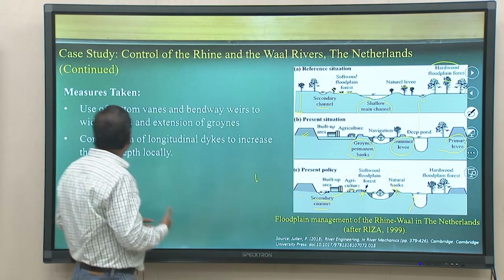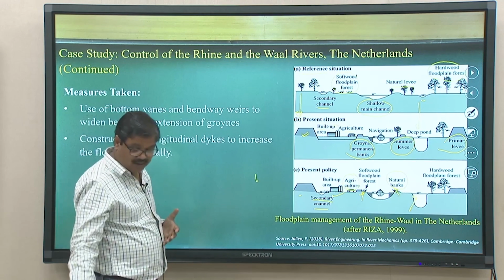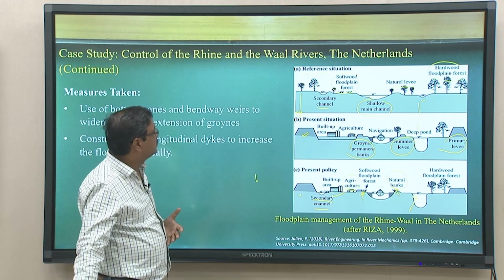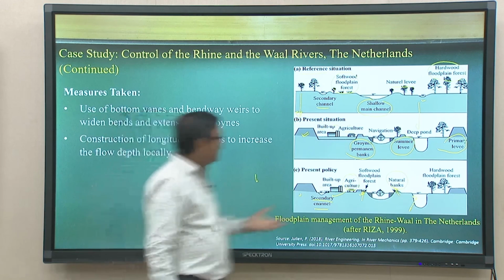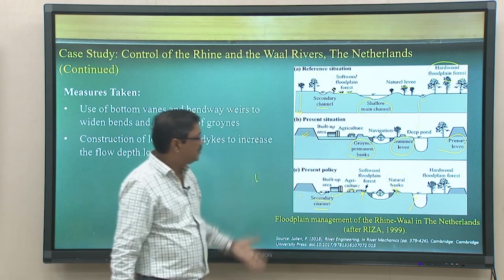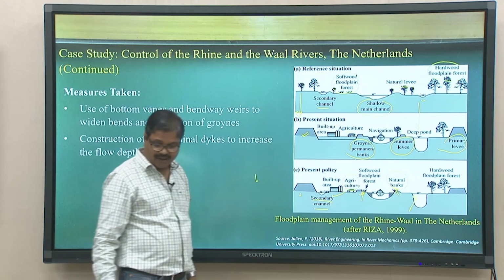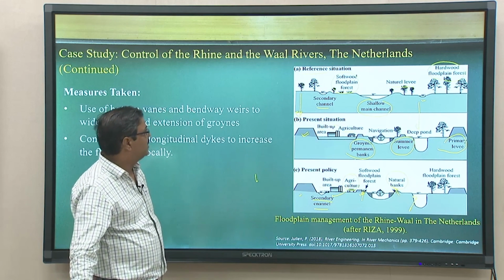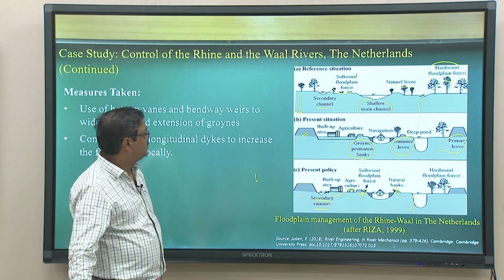That is the concept, and that is what I am focusing on. If you maintain that, no doubt you can have navigation, agriculture, built up areas and also forest. All these compositions will be there, and we are managing the built up area.